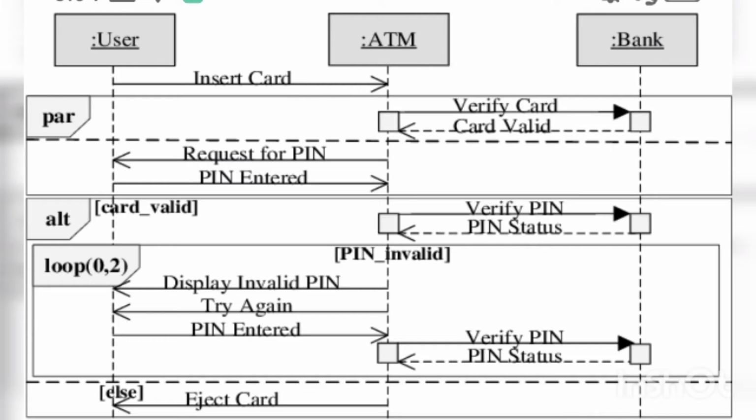Next we have ATM that requests the pin from the user, then the pin is entered, then the pin is verified and the pin status is given. Whether the pin is true or not true, that is what is given in this pin status. You can see alt loop, there are two different boxes with a separation.